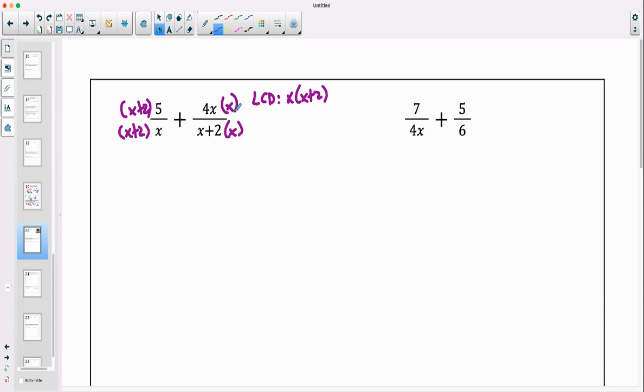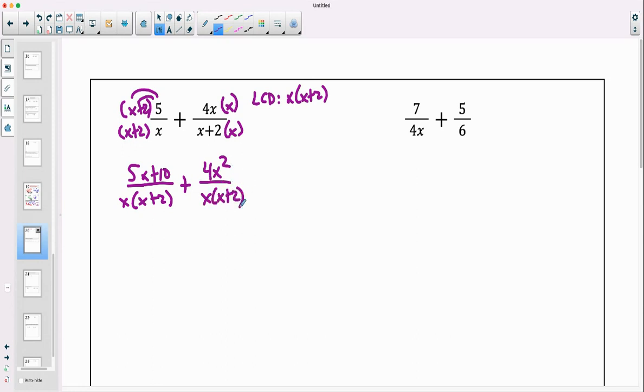Okay, and then we can see what comes out from that. So this one, we get 5x plus 10. And then we have x times x plus 2 on the bottom. Plus sign, we have 4x squared here, 4x times x.